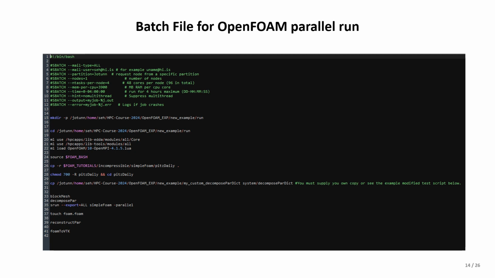Firstly, the directory is created for this simulation, and then the required module is loaded, which, as you can see here, is OpenFOAM with MPI. Then the source from the bash file needs to be run on the bin file to work with this batch.